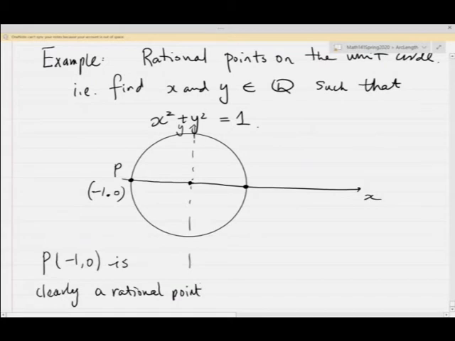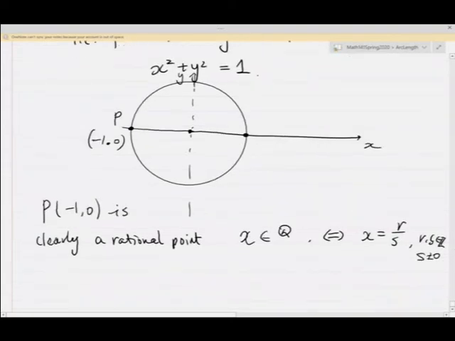By rational, we mean a number x that equals r over s, where r and s are integers and s is non-zero.